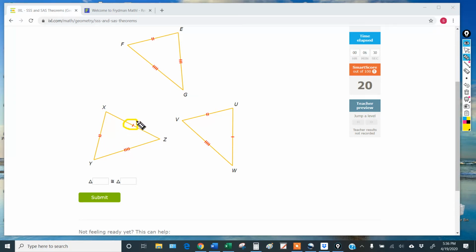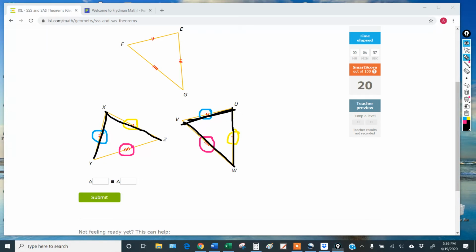Okay, so this and this are the same, right? This and this are the same, and this and this are the same. Okay, so that's telling me that this side is the same as this side, and this side is the same as this one, and this side is the same as this one.